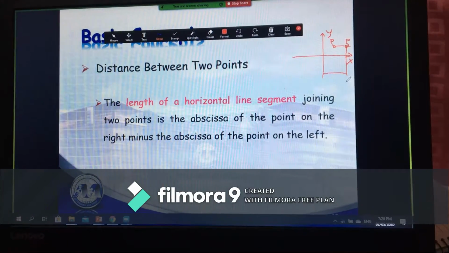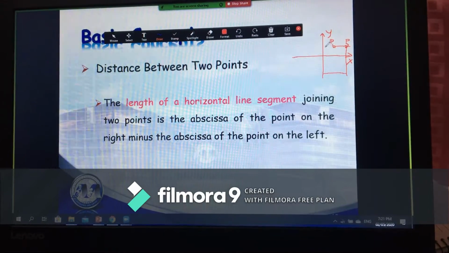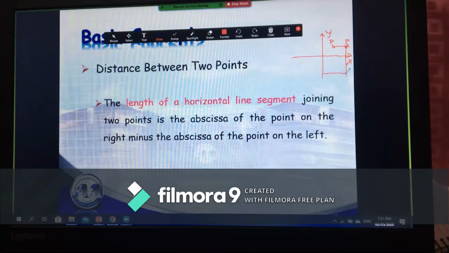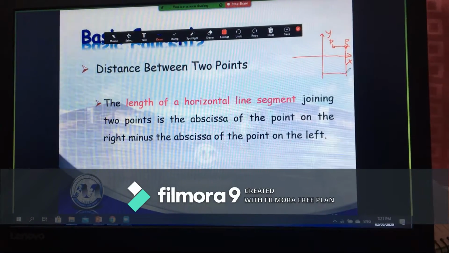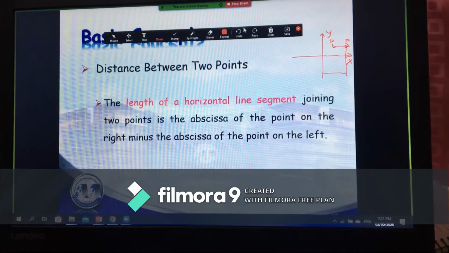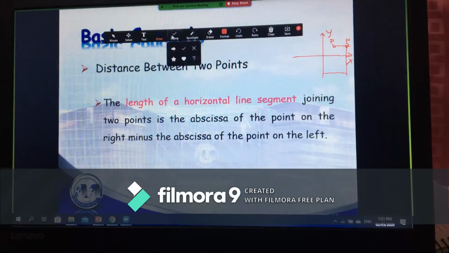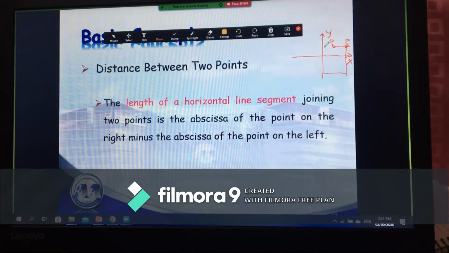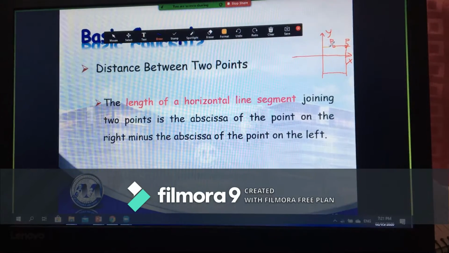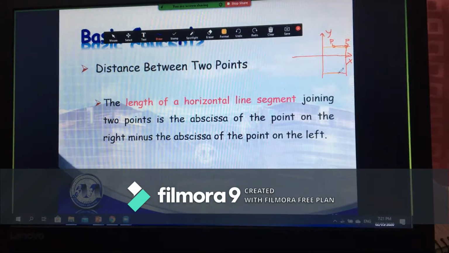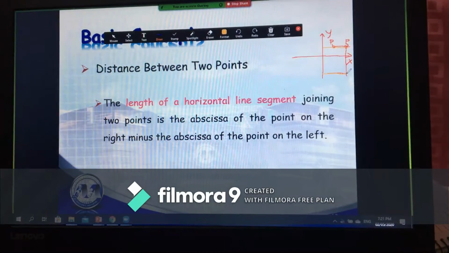Now the distance from the y-axis towards this P2, can you see it, class? The distance from here. So the distance from the y-axis towards P2, it's the same as this, right? You agree?